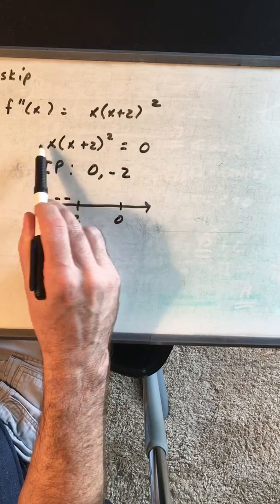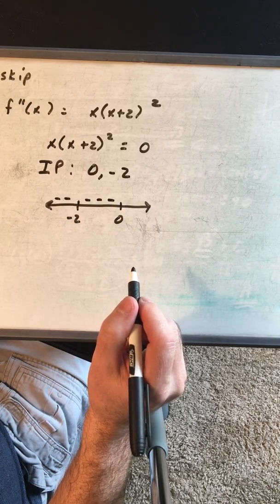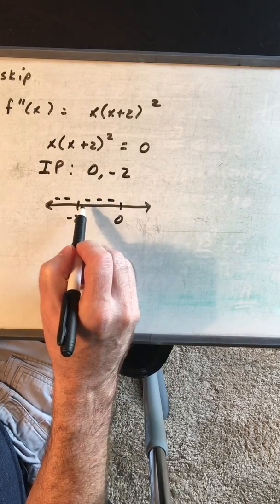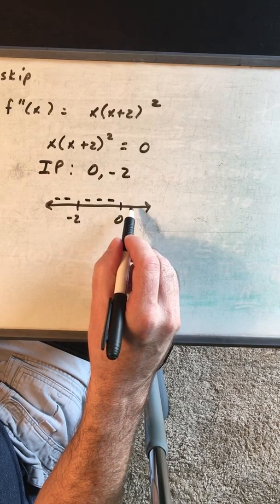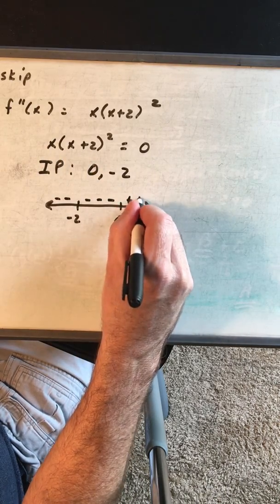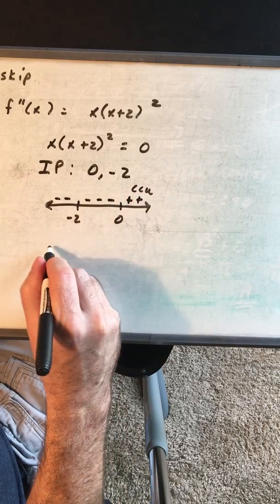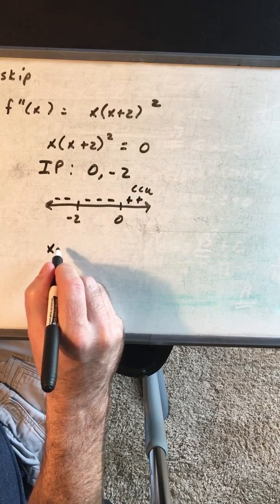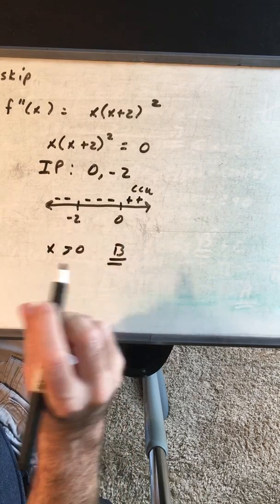That's positive times a negative, which is a negative. So negative 2 wasn't really an inflection point, was it? And then greater than 0, let's pick 1. That's positive times a positive, so positive. So the concave up part is when x is greater than 0, which is B.